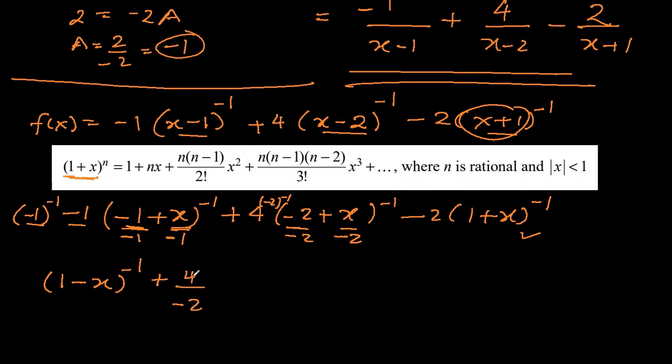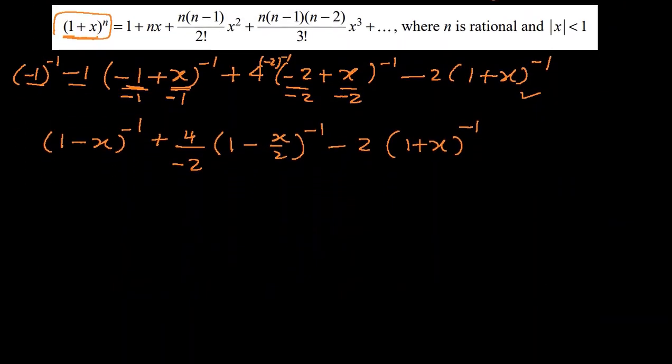Yeah, to make it positive, we make it a denominator. Here it will be 1, that's what we wanted, (1 - x/2)^(-1). And -2(1 + x)^(-1). Now all of them are 1 plus or minus something, and that is the need for applying this formula.